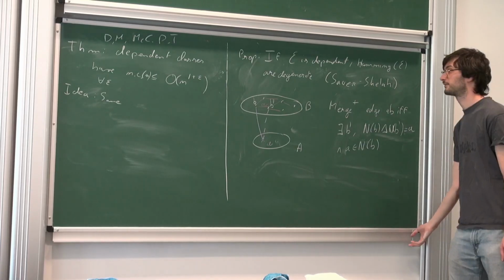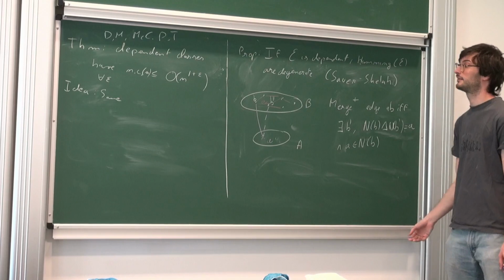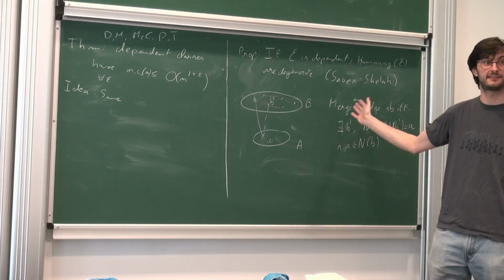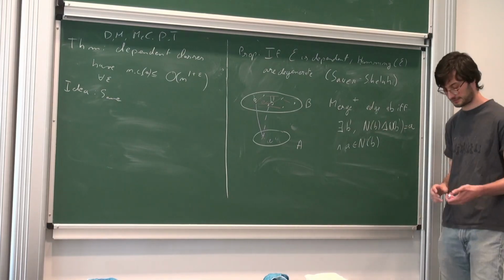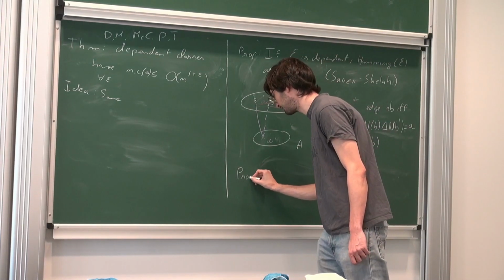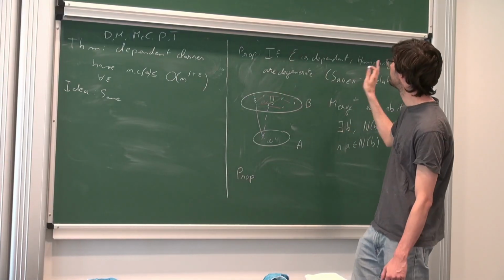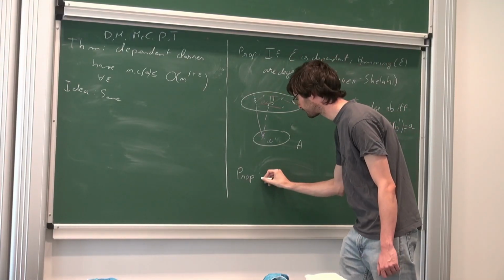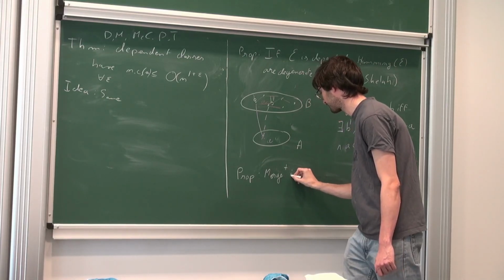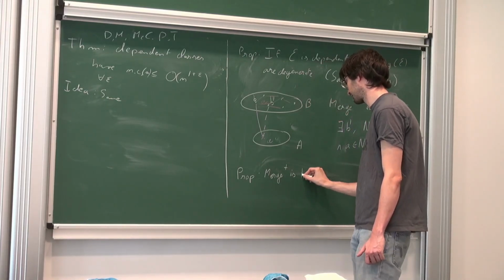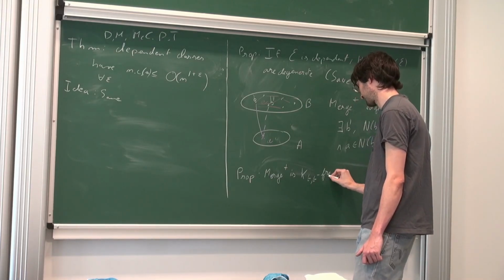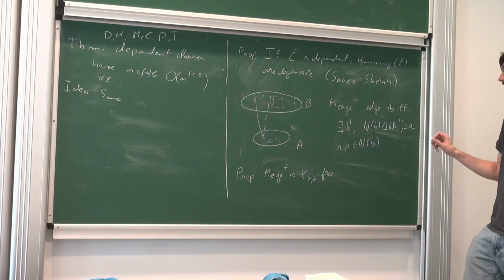Given our bipartite graph, we can build this other bipartite graph, and it has the good property of being sparse also. Also degenerate.